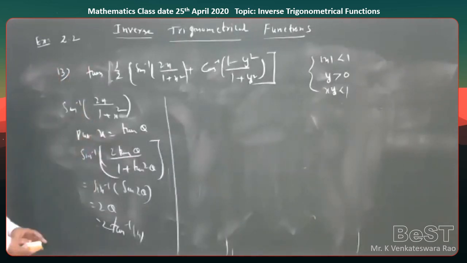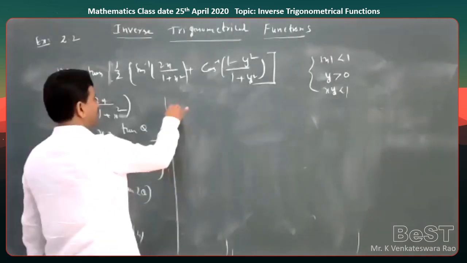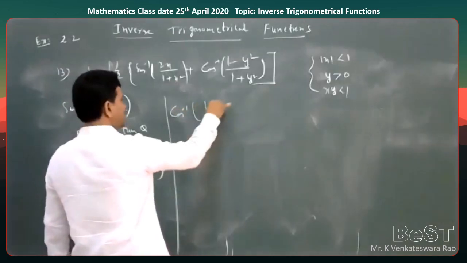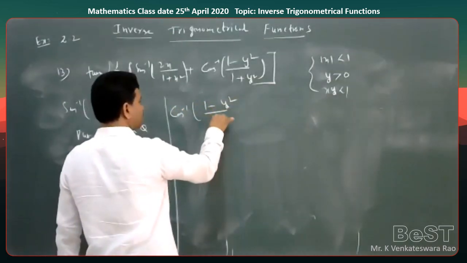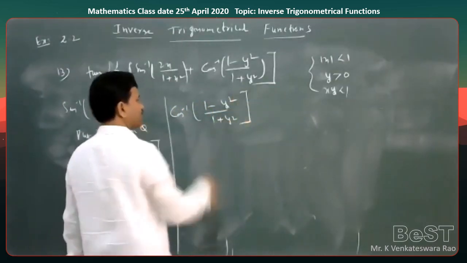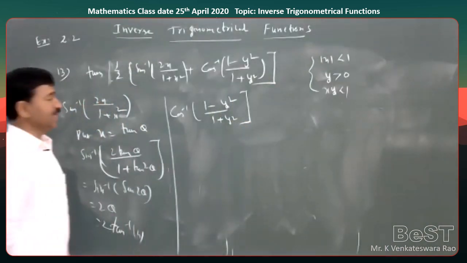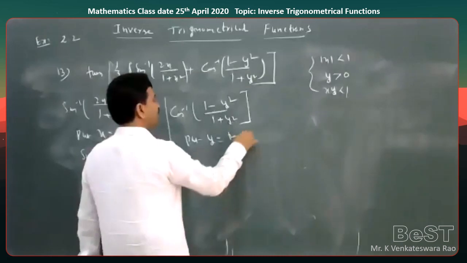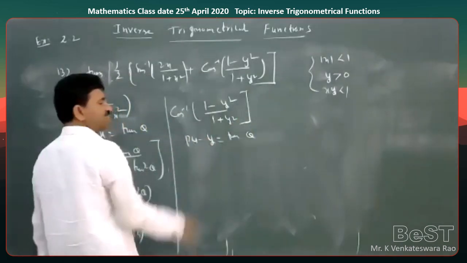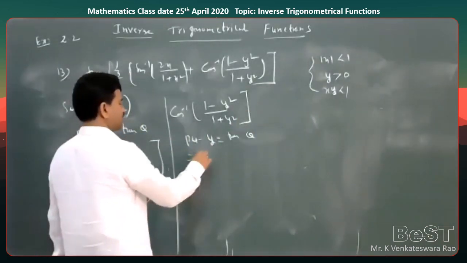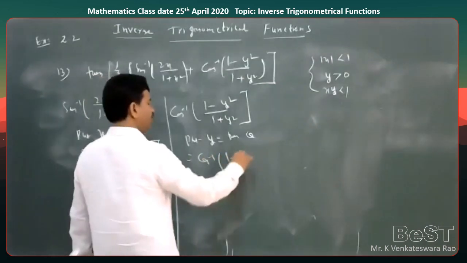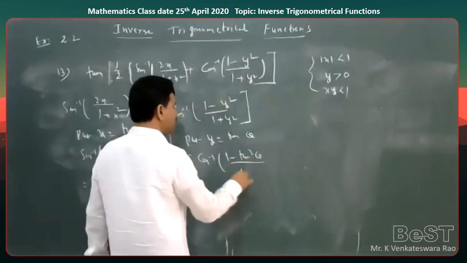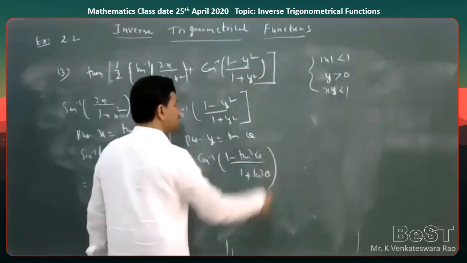Now simplifying it. Cos inverse of (1 minus y square) by (1 plus y square). Put y is equal to tan theta, so theta is tan inverse of y. So this is cos inverse of (1 minus tan square theta) by (1 plus tan square theta).